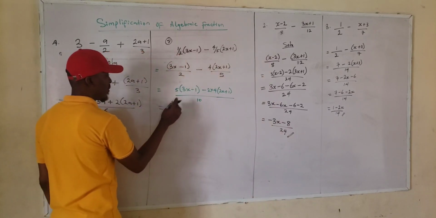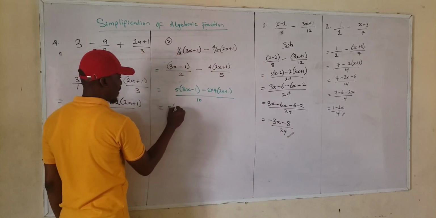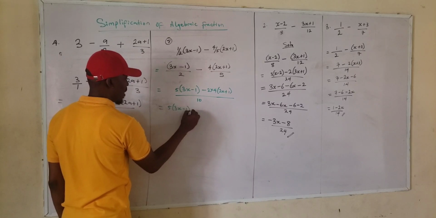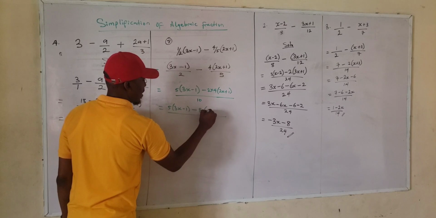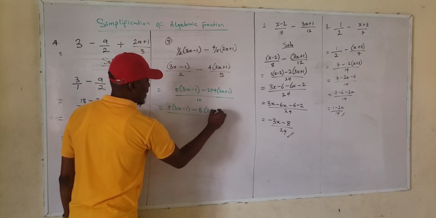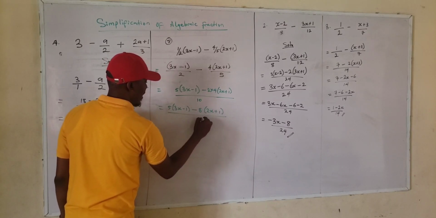So that will give you 5 into 3x minus 1 minus 8 into 2x plus 1 over 10.